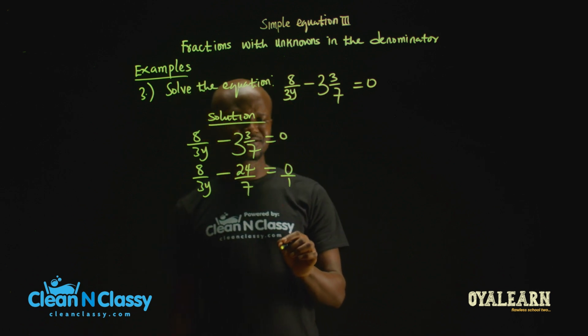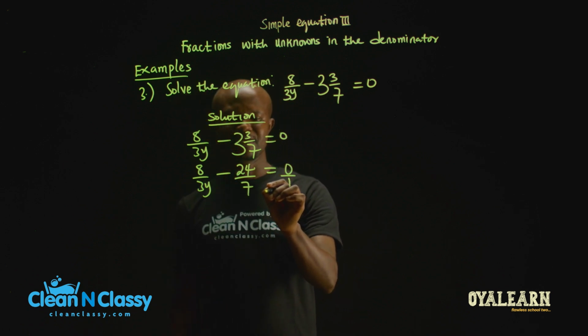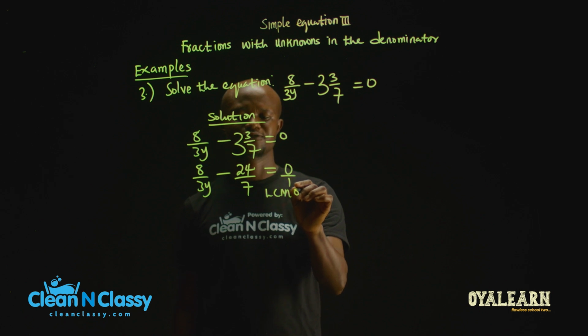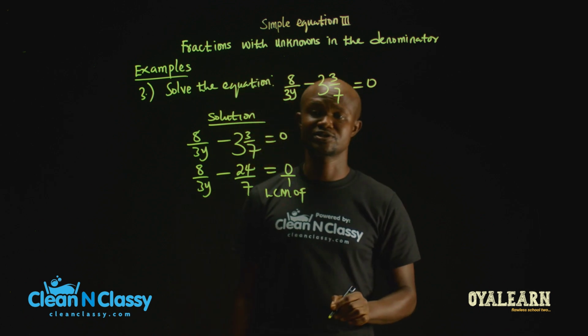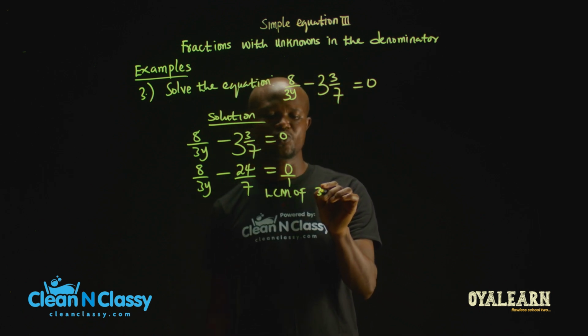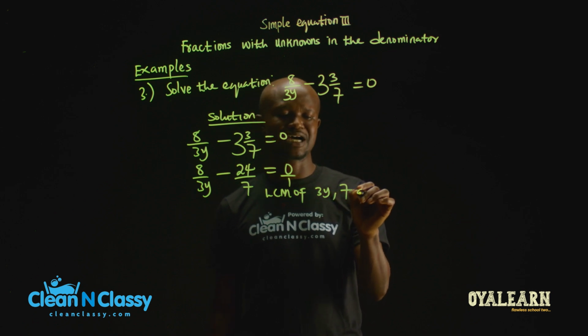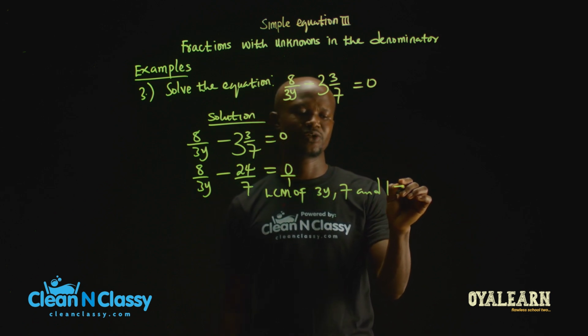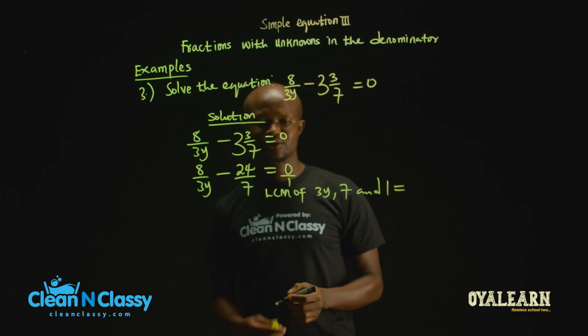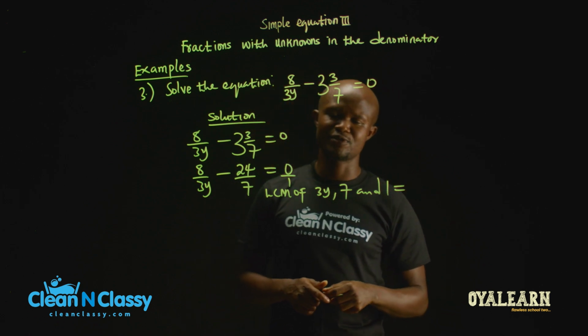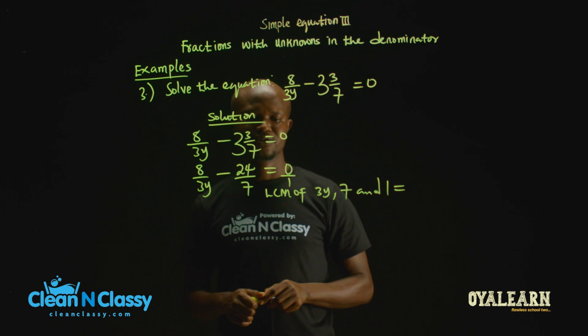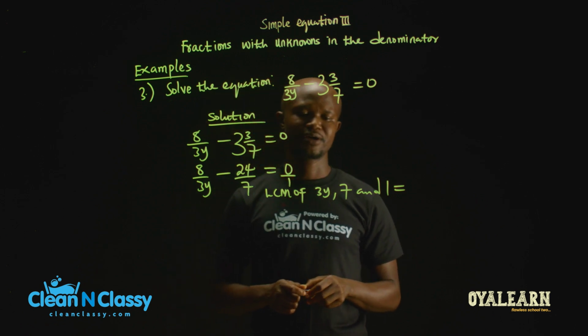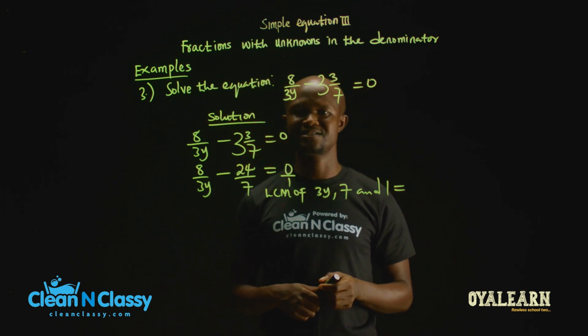So in this case, the LCM of the denominators, that is the LCM of 3y, 7, and 1. Now, what is the highest common factor of 3y, 7, and 1? It is still 1.